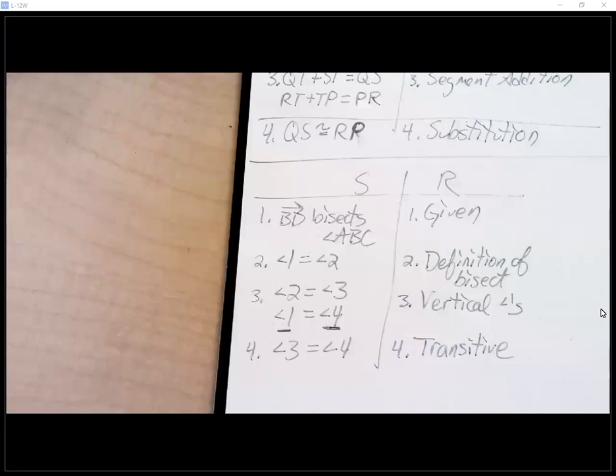So step two, we gotta go back. You guys see what I'm gonna do, take your top line, LM is equal to RN, and you're gonna subtract this from this line. So if you did LM minus XM on one side, on the other side was RN minus XM, that's subtraction. You're subtracting the same thing from both sides.